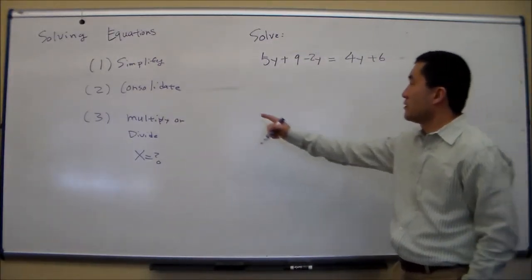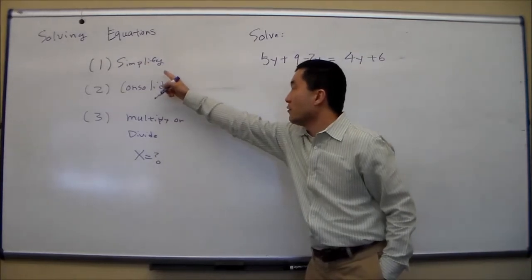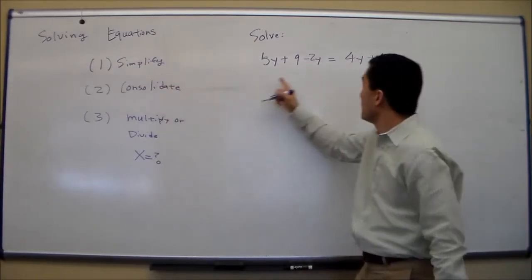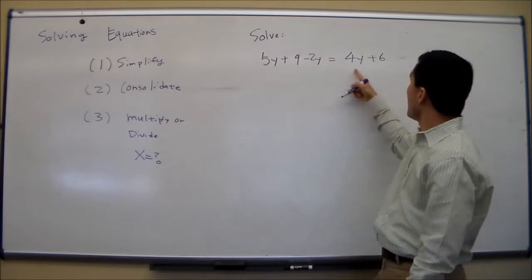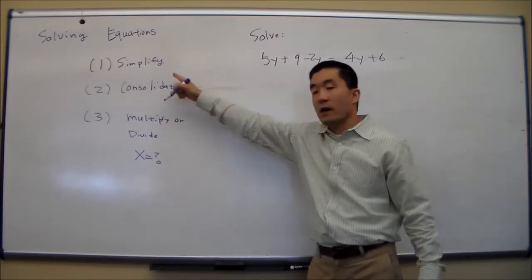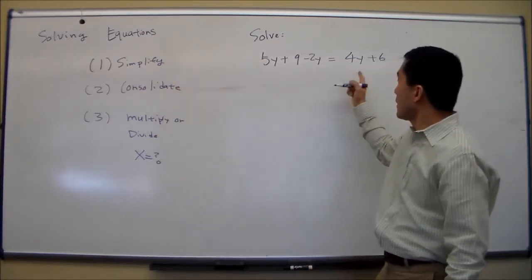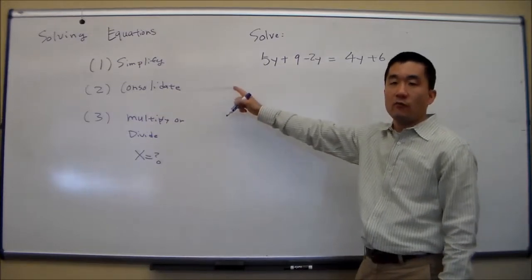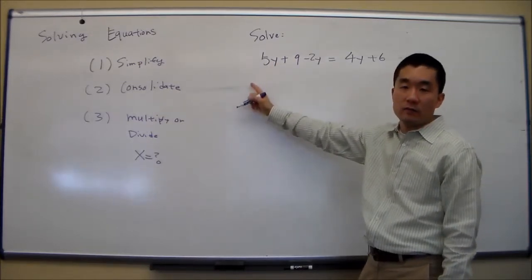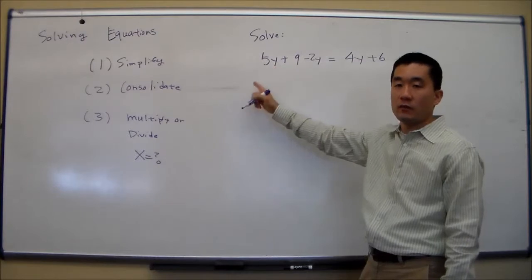The first step says to simplify. What that means is that look at each side of the equal sign, this side, and then that side. Simplify it, meaning that make each side as short as possible. We do that by combining the like terms and then combining the numbers.